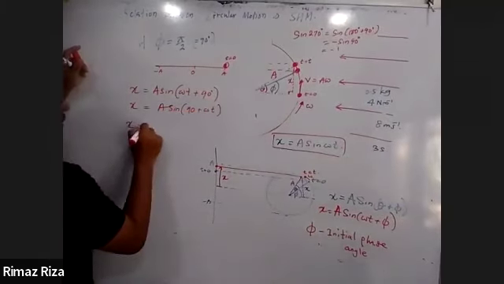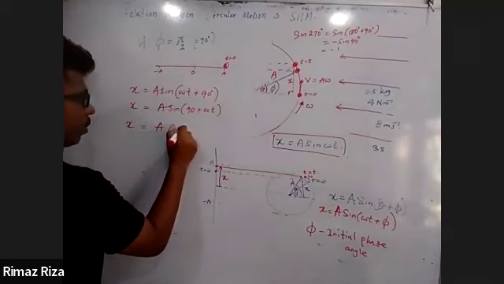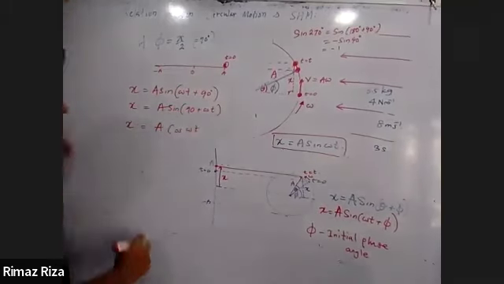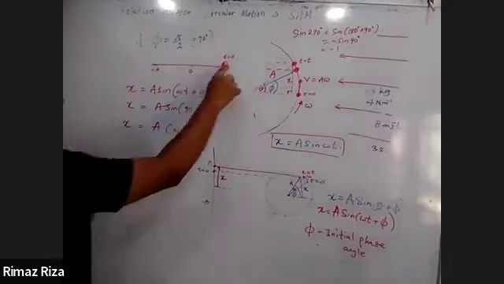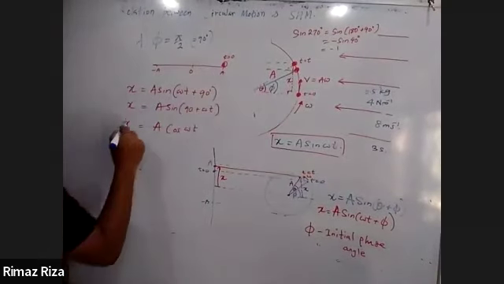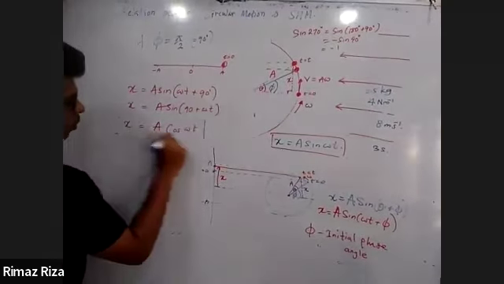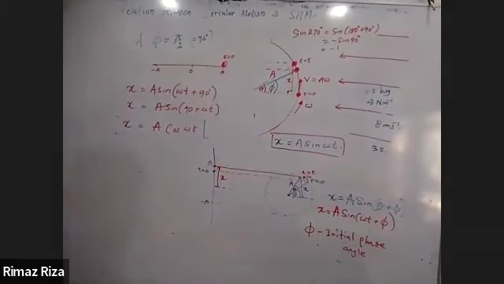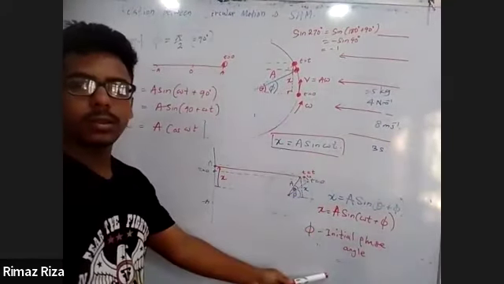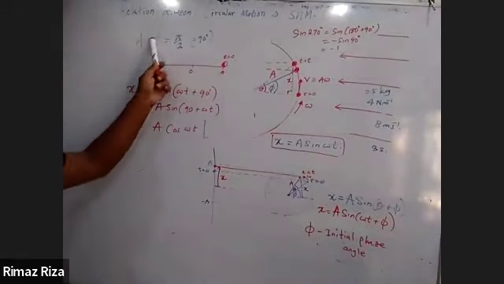We know sine of 90 plus theta is cos theta. So a cos omega t. So if you measure the time from here, the formula will be a cos omega t. So first you write down this. After that, you can write this part.